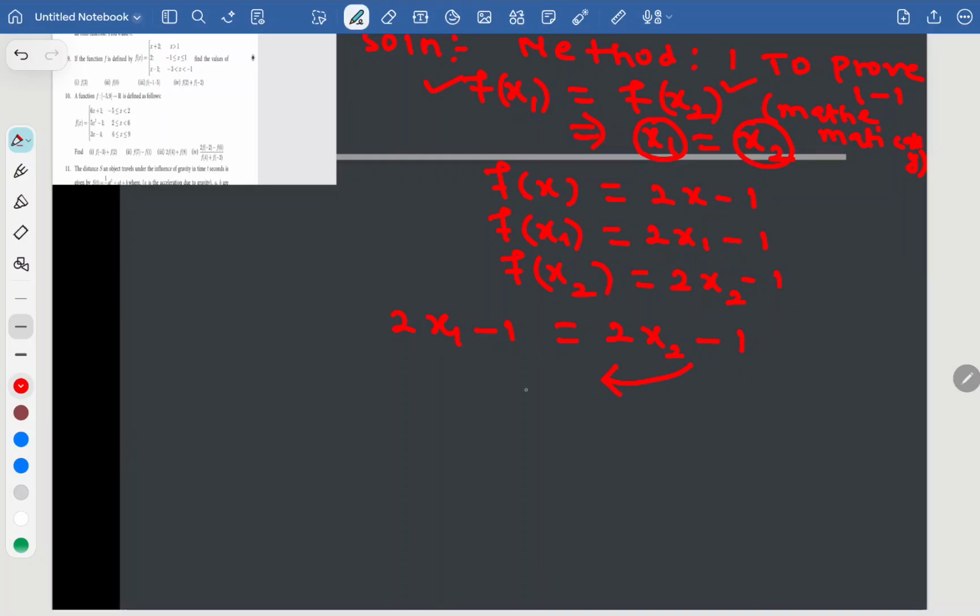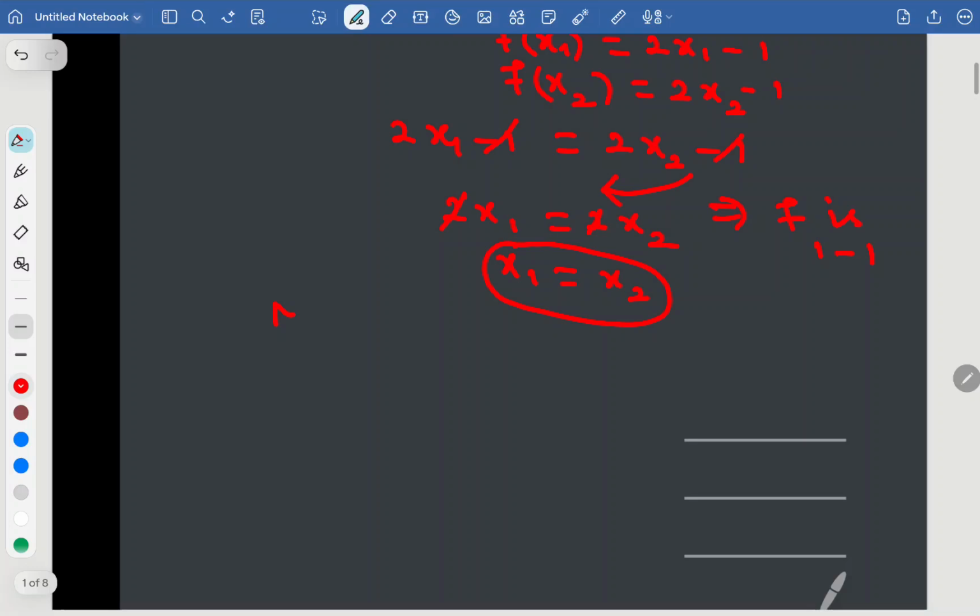This minus 1 comes to this side, it becomes plus 1. Therefore 2x1 equal to 2x2. These two will get cancelled. x1 equal to x2. Initially I am taking f of x1 equal to f of x2. At last I have proved x1 equal to x2. This implies that f is one-one.